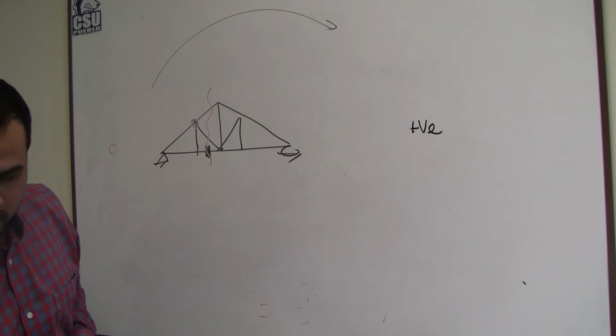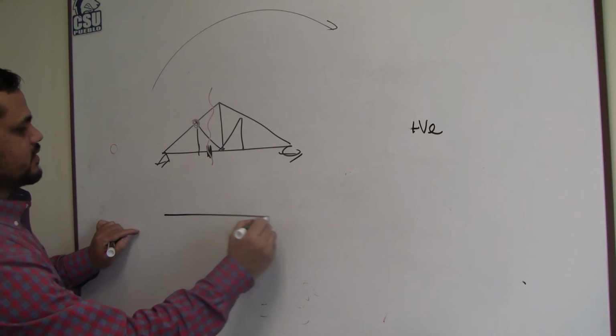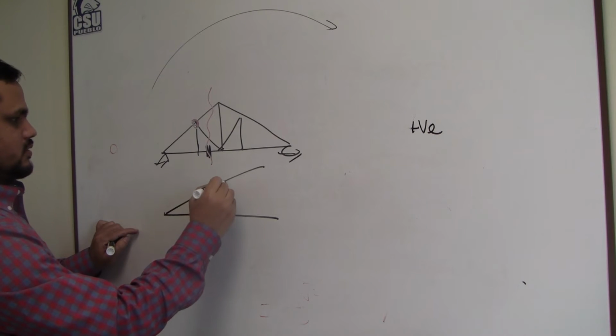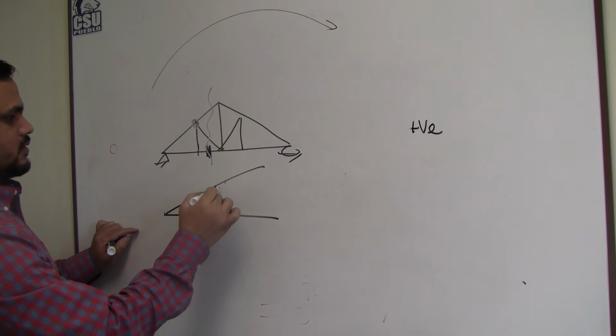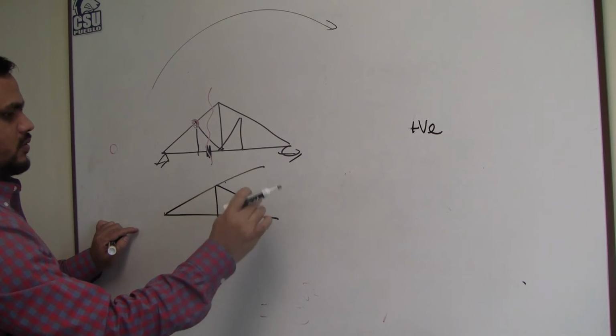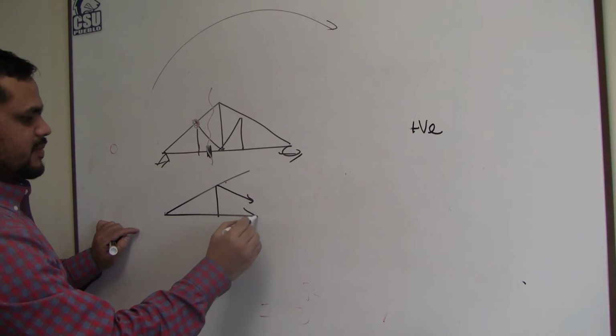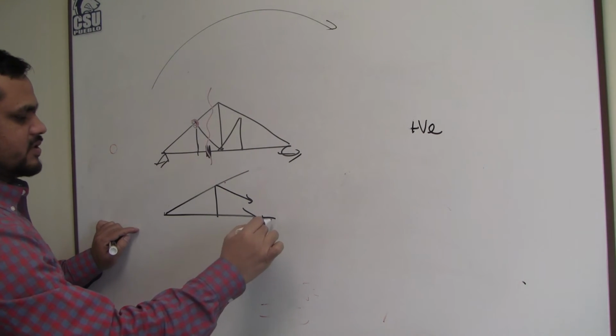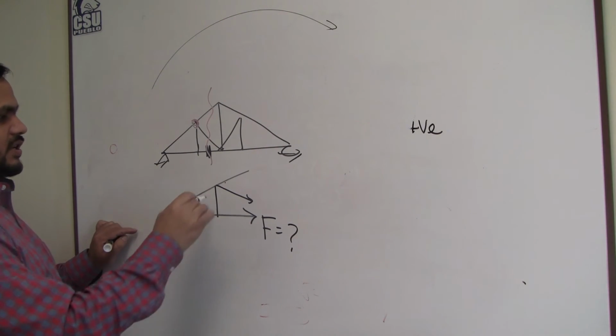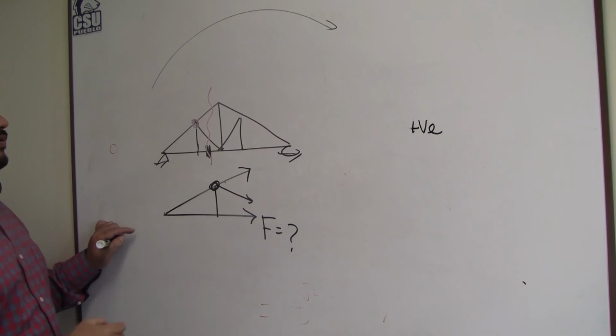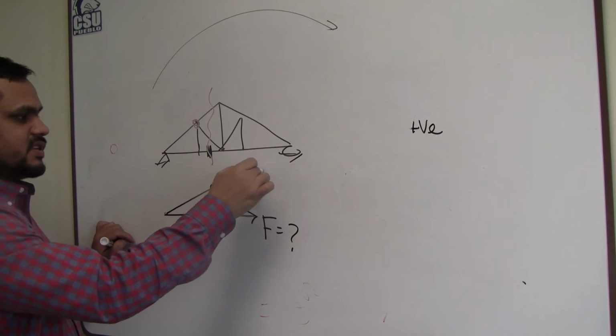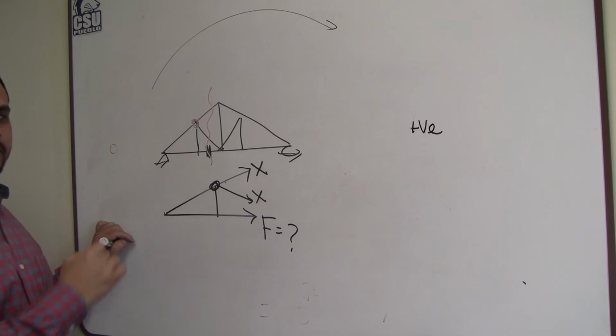Why? See it. If I cut here, the question is asking what is the member force here. So if I take moment here, what is the benefit? This force will vanish, this force will vanish.